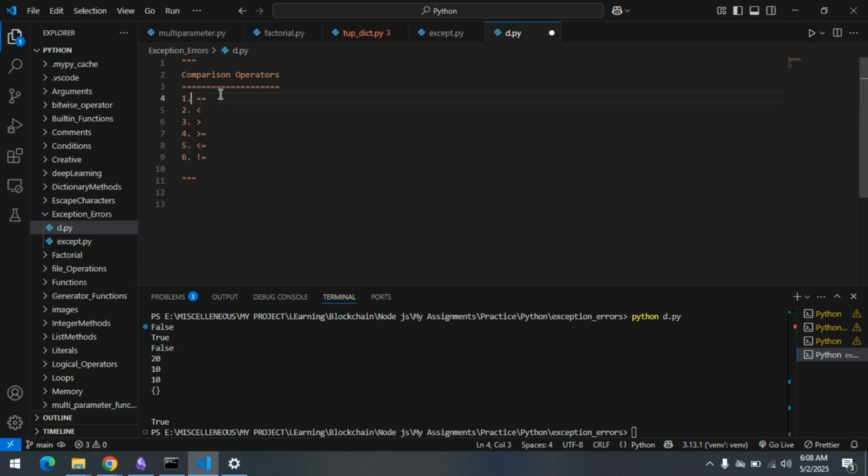It basically checks the value of the left hand side operand with the value of the right hand side operand, and it compares both the values. And how does it compare? It compares in a different way depending on the symbol that you've used in between them.